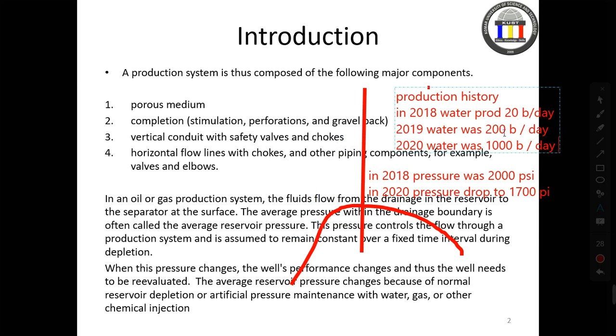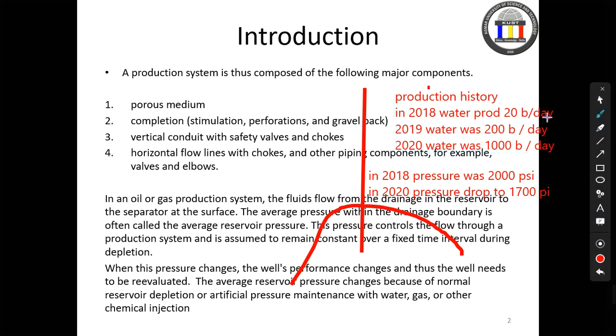So within 2 years the water production increased from 20 barrels to 1000 barrels. Now everything has to be reevaluated. Normally we do it every month actually. We don't wait for 2018, 19, 20. Most production engineers evaluate their well performance every month.